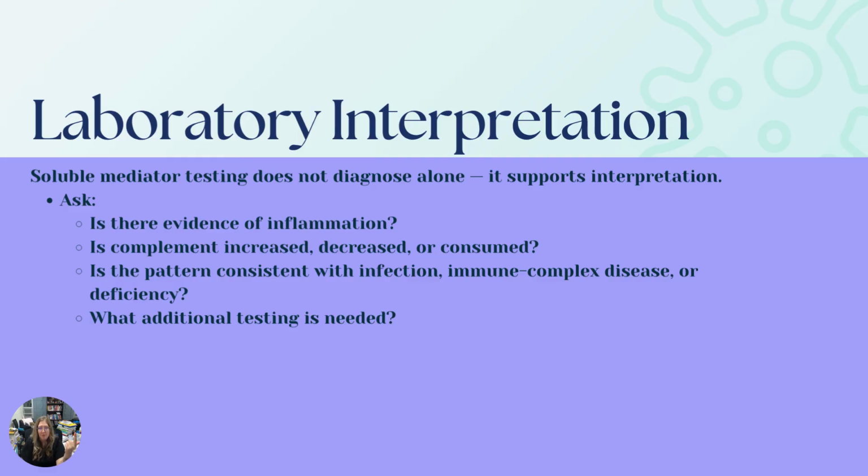Are complement proteins increased or decreased? If they're decreased, could complement be actively consumed? Could there be an inherited deficiency? Does the patient's history fit an immune complex process? And then the most important question is, what additional testing would help clarify the picture? All of that is laboratory reasoning.